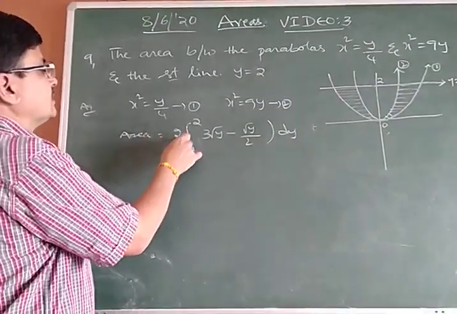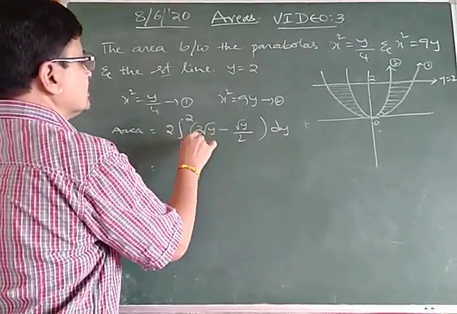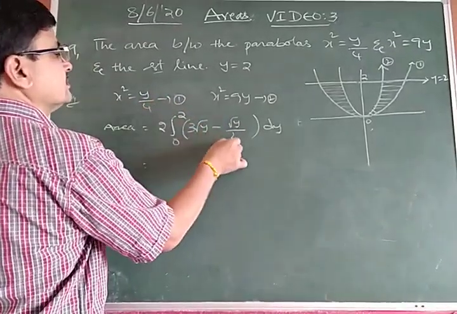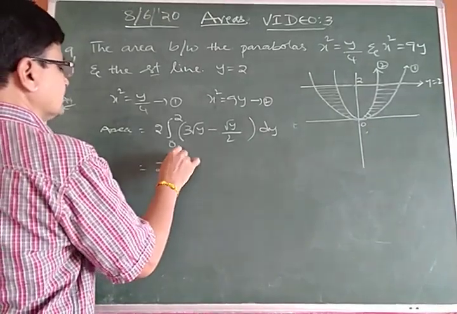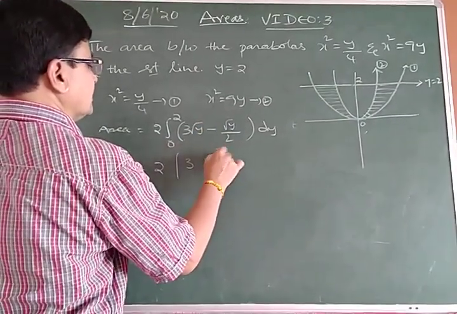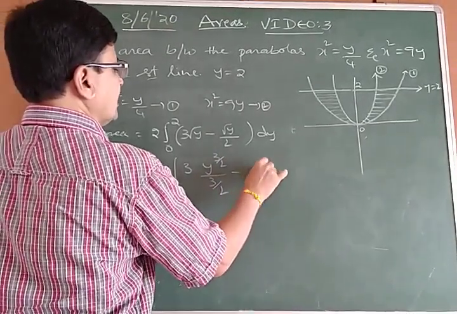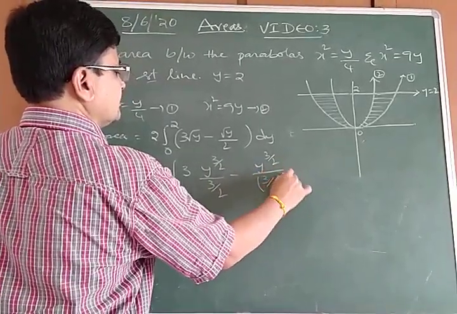Required area is equal to 2 into integral 0 to 2 of 3 root y minus root y by 2, dy. So that is equal to 2 into 3 y to the power 3 by 2 over 3 by 2 minus y to the power 3 by 2 over 3 by 2 into 2.